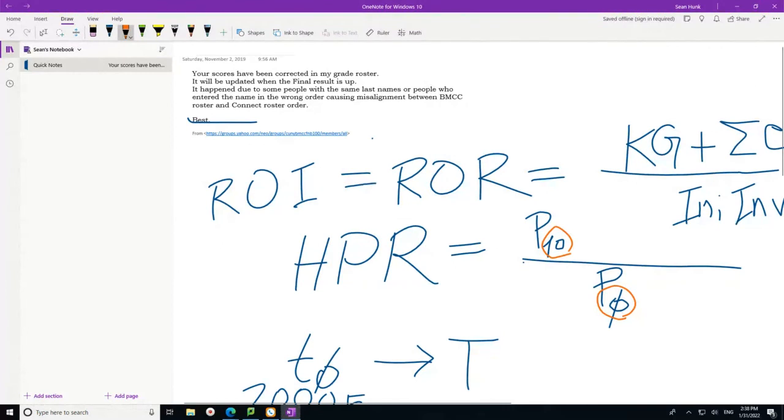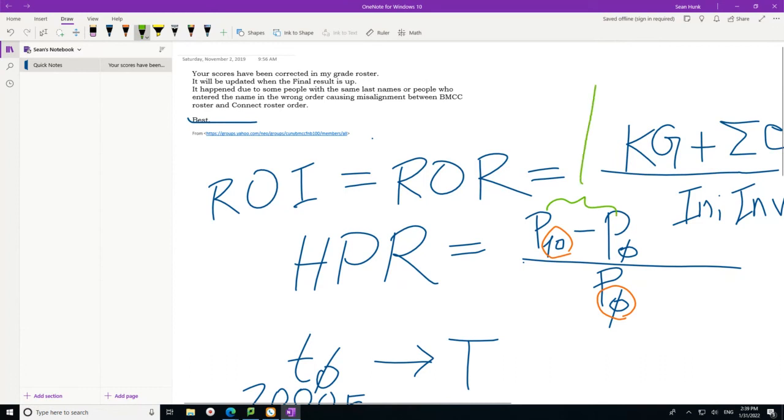So what happened during those 10 years? Of course, the price of your stock must have changed, right? From what to what? From price at time 0, P0, to P10, right? Think about it.